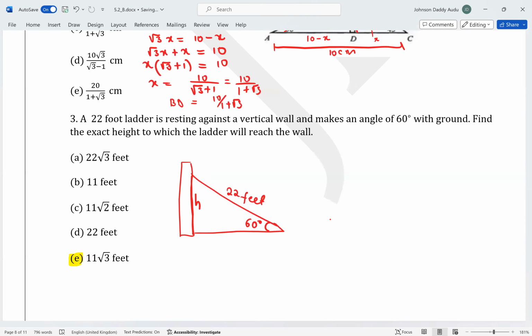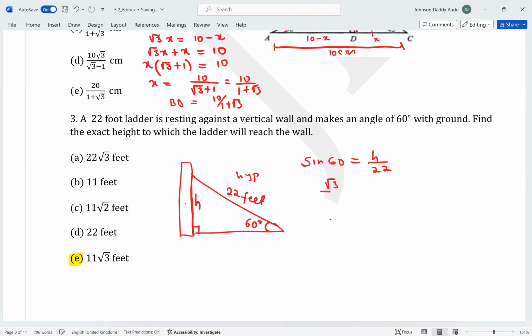And from here, we can use sine. This is a right angle triangle. So sine 60 is just going to be h over 22, right? Because this is the opposite and this is our hypotenuse.